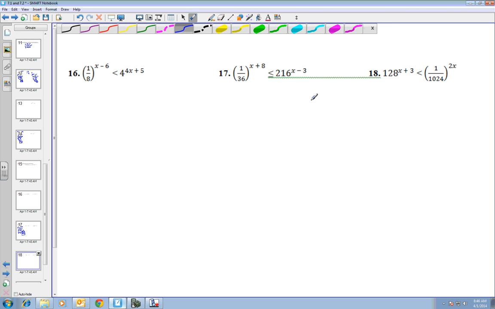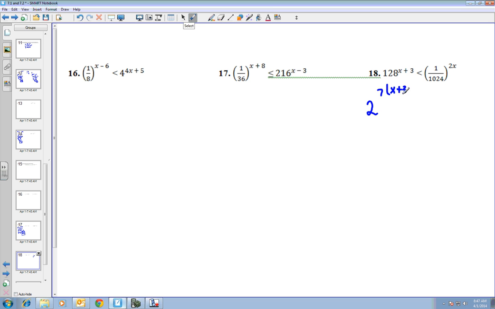So 2 raised to the 6th, check, is it 2 to the 6th or 2 to the 7th? To the 7th. All right, so that's 2 to the 7th, and that's x plus 3, is less than, now I can use 2 as my base, but it's going to be to the negative something, right?